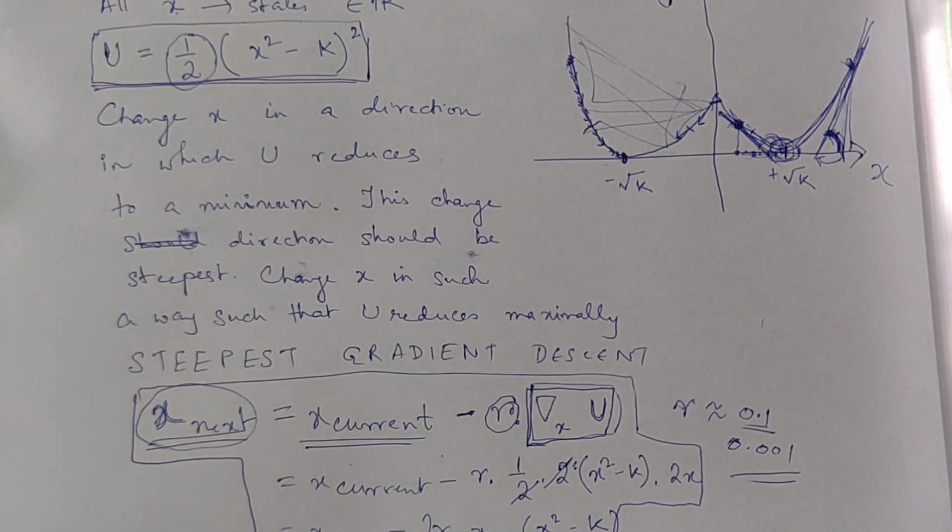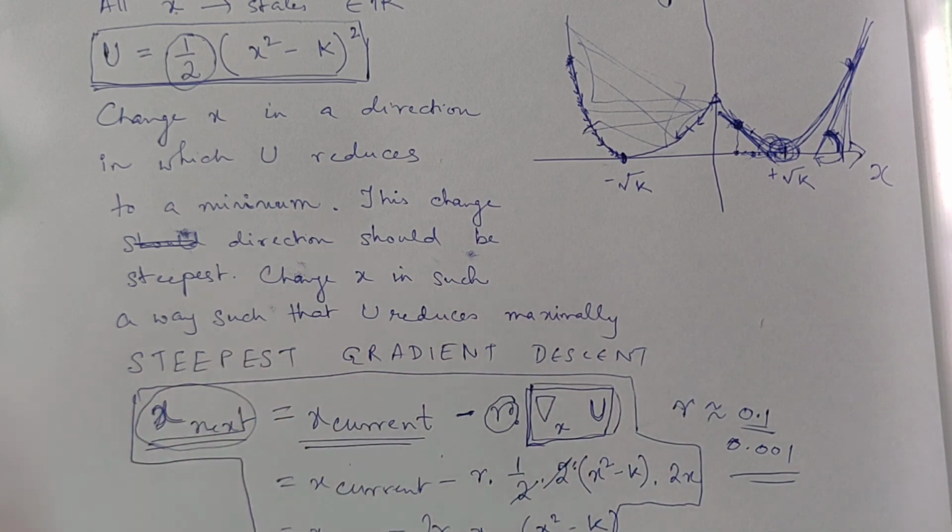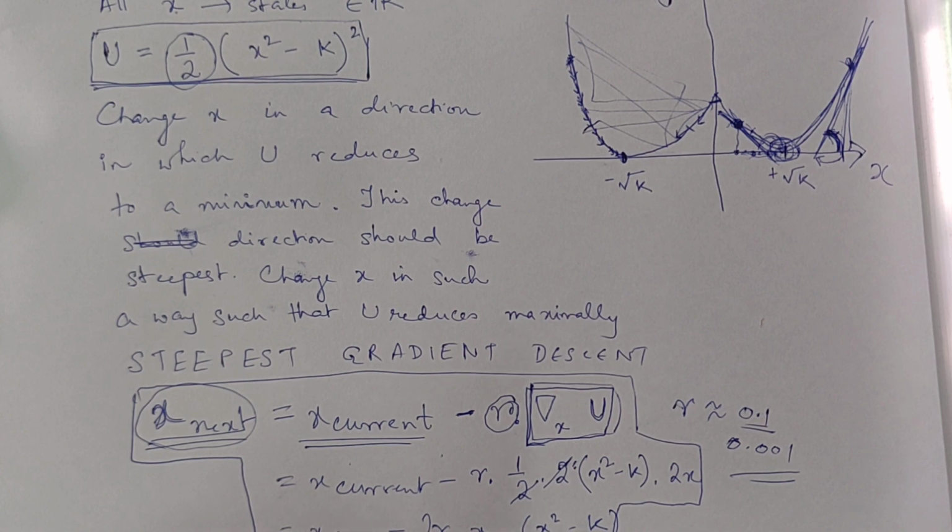Lowest valley means global minimum. And this is how, for continuous valued states, we have applied the concept of steepest gradient descent. Thank you.